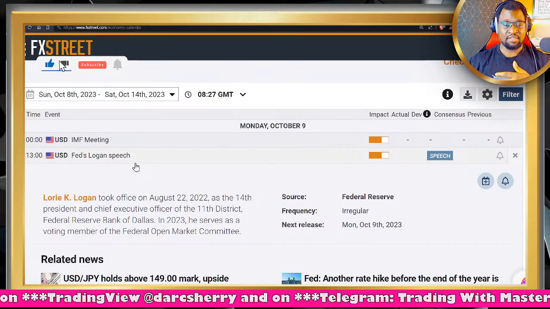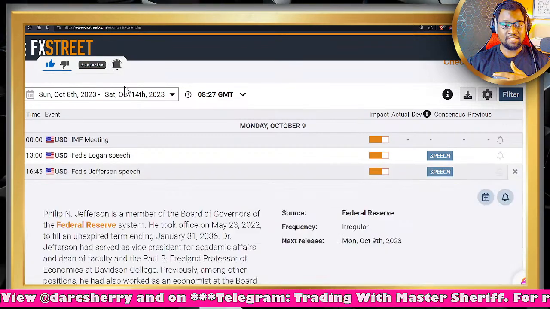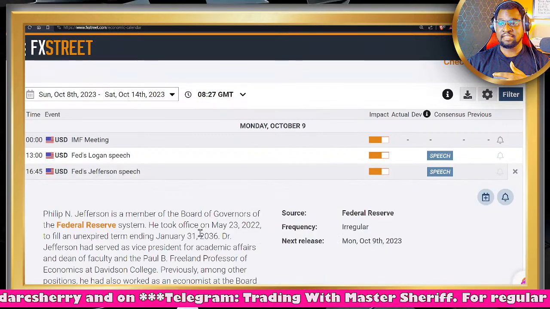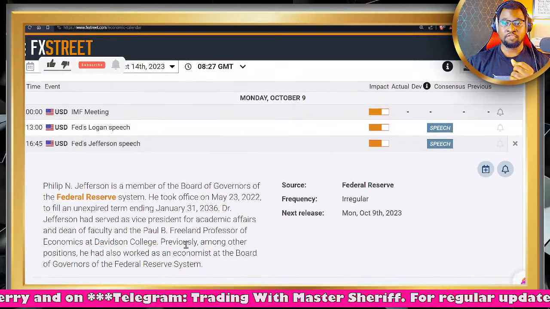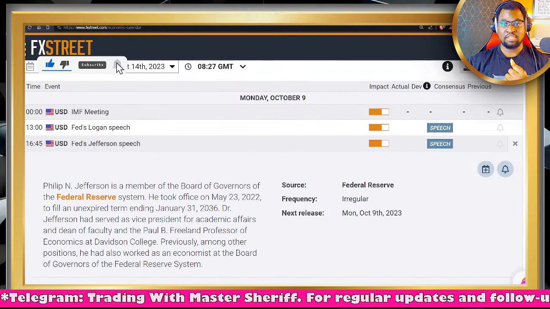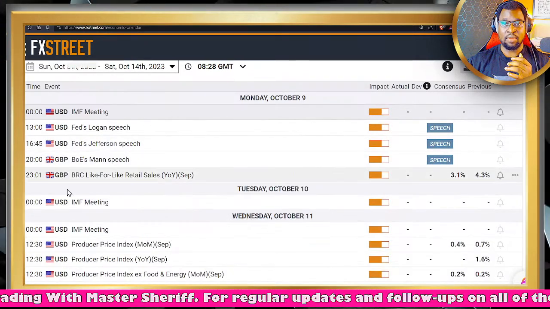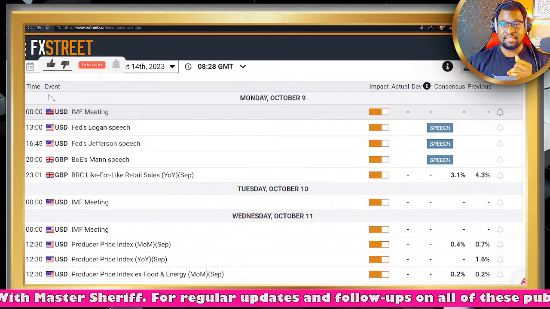Then we also have Fed Jefferson, a member of the Board of Governors of the Federal Reserve System, who will also be having a speech in about 6-7 hours from now. That's from the United States.